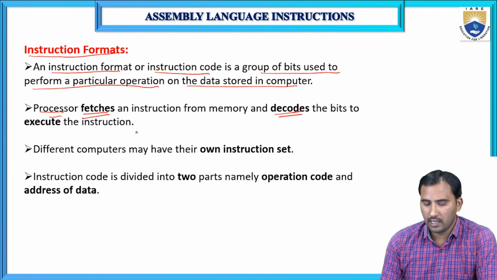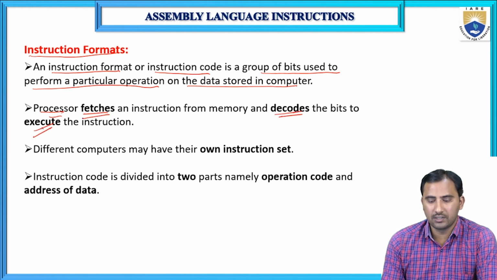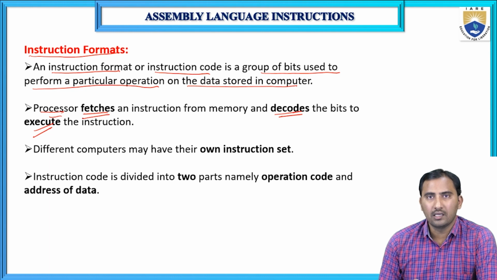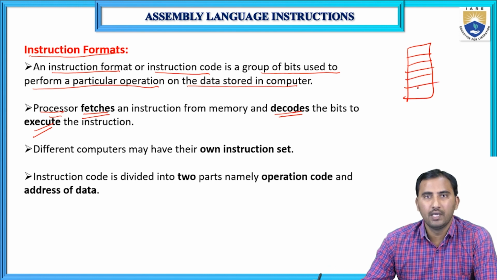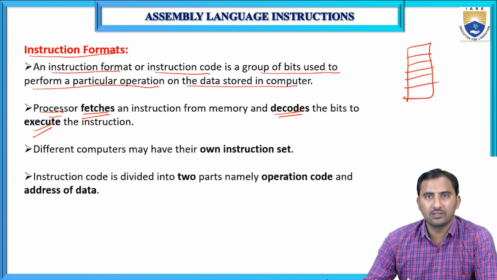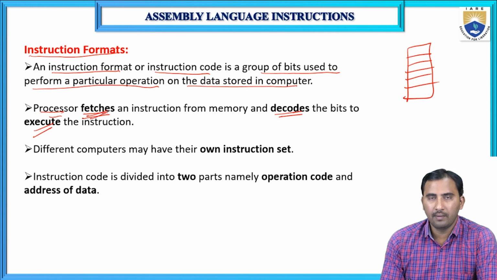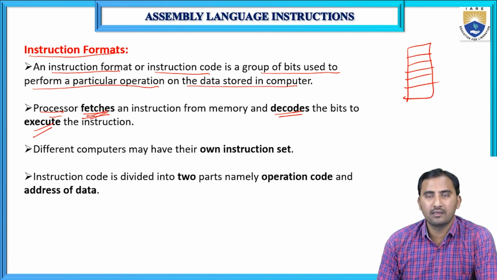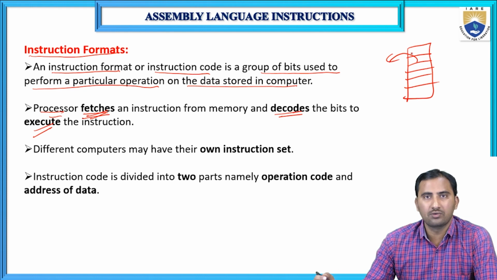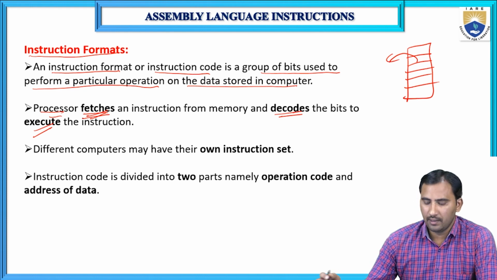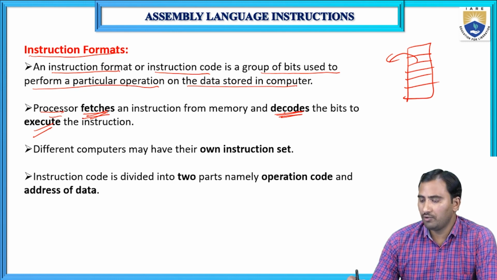decode, execute. In general, the instructions are stored in the memory. From the memory, the instructions will be fetched. Fetching means retrieving the instruction from the memory. After fetching, we have to decode. Suppose you have an add instruction.